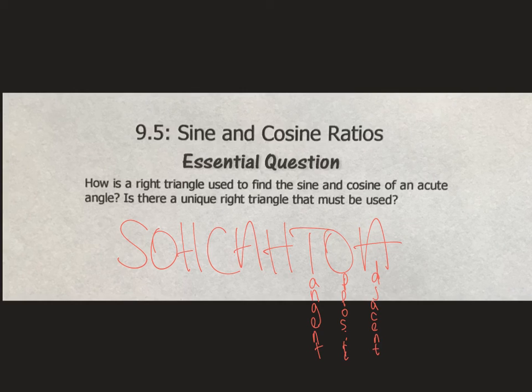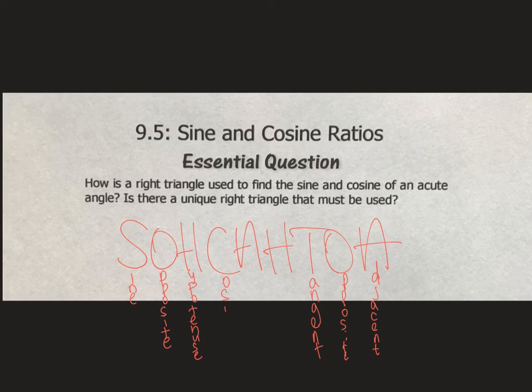So sine would be the SOH part. So sine is going to be opposite over hypotenuse. And then cosine is the CAH part of SOHCAHTOA.